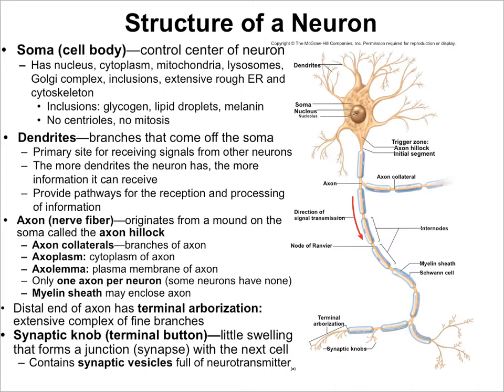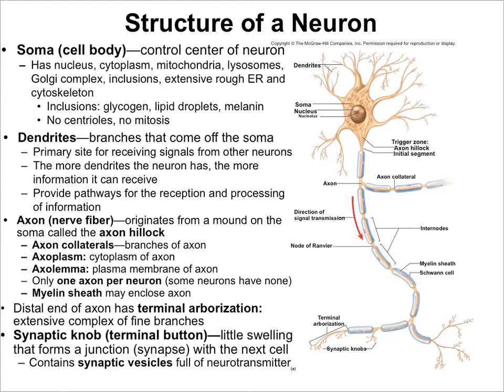But the dendrites could be covered in connective encapsulations if they were part of the sensory system. It could be connected to other neurons in the brain if it was an interneuron, anything like that. Generally speaking, the more dendrites that a neuron has, the more information it can receive from the more different places.